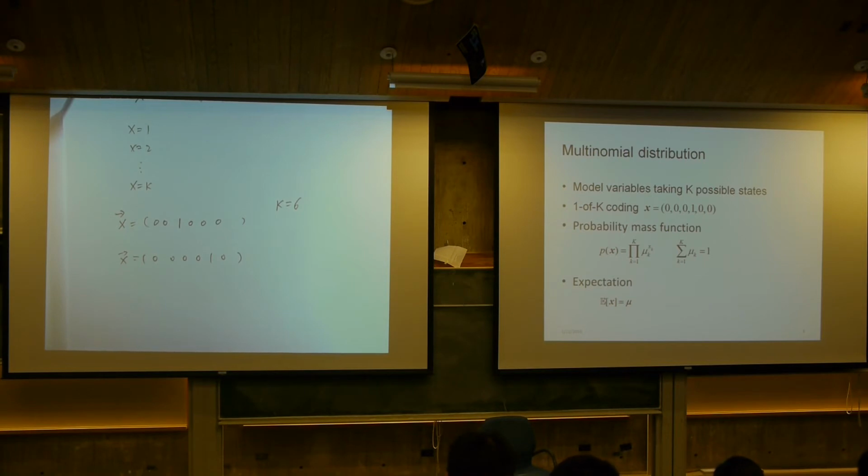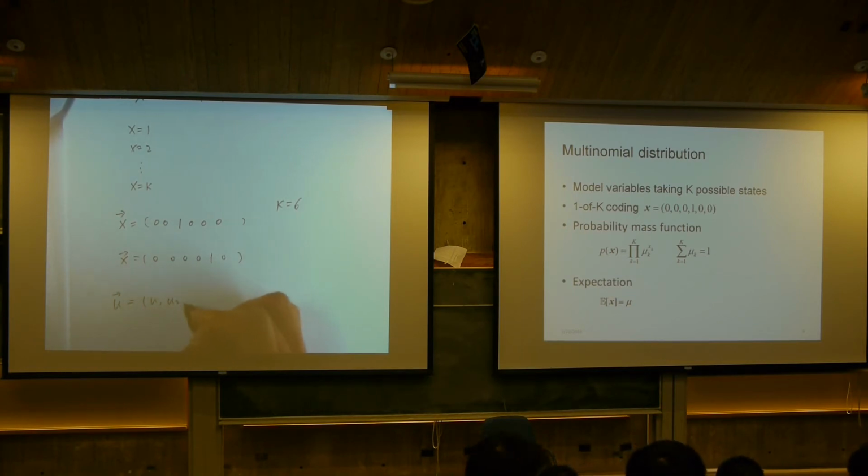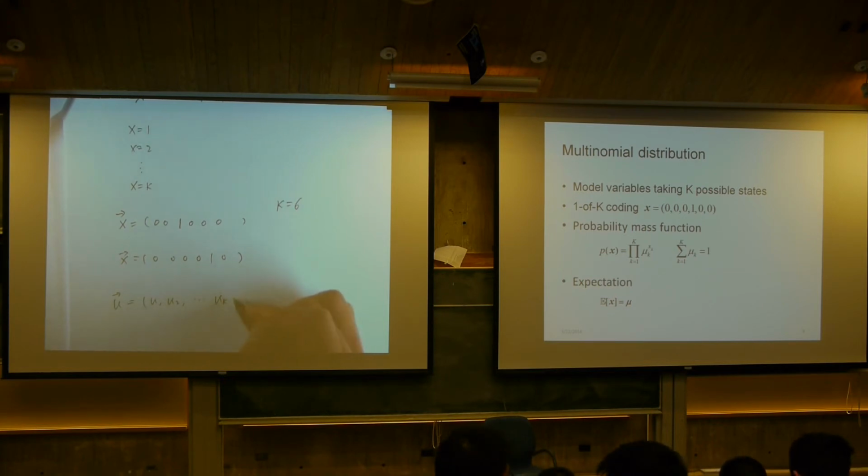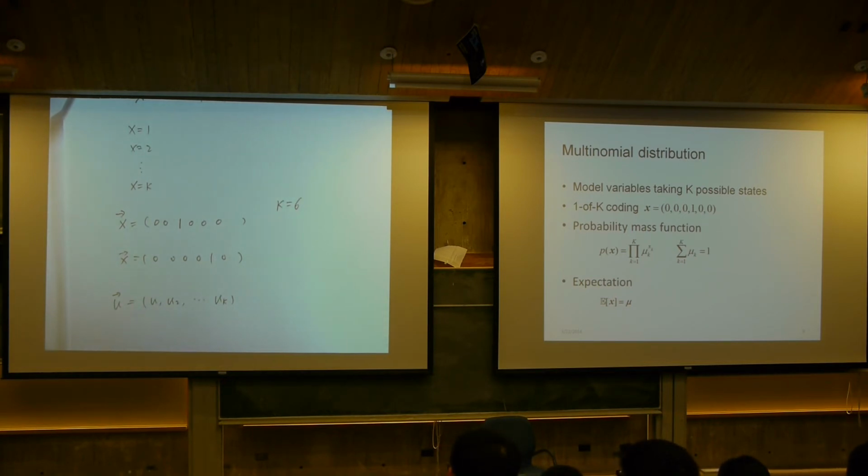The probability mass function of this distribution is defined as follows. Again, this is simply a generalization of the definition of the Bernoulli distribution. The parameter of the multinomial distribution is a vector mu, which is mu_1, mu_2, to mu_k, and the length of this vector is k.